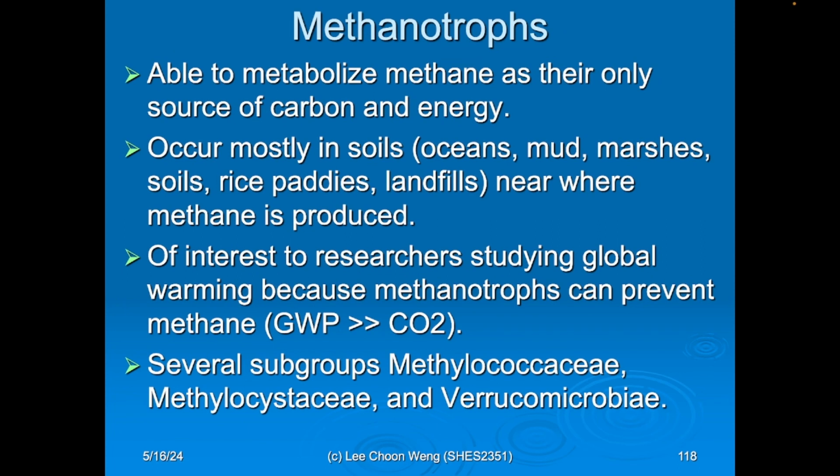The other group of organisms that utilize C1 compounds are methanotrophs, especially those that are able to metabolize methane as their only source of carbon and energy. Methanotrophs occur mostly in soils, mud marshes, oceans, rice paddies, landfills, especially near where methane is produced.